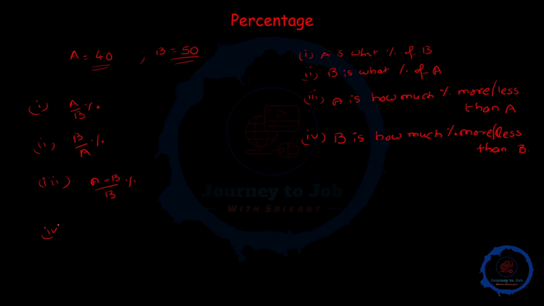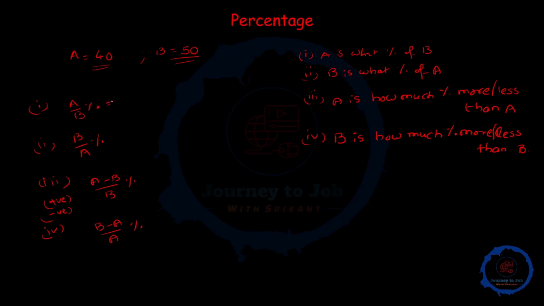Next, fourth, B is how much percent more or less than A, means B minus A by A percentage. And if you get a positive sign here, means A is more than B by this much percent. If negative, A is less than B by some X percent. Okay, positive and negative means that.